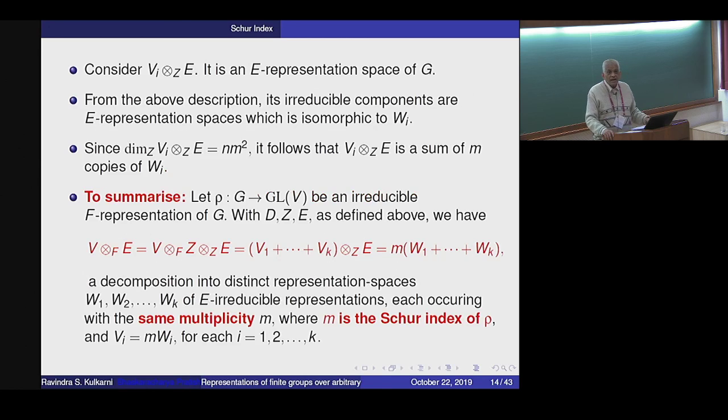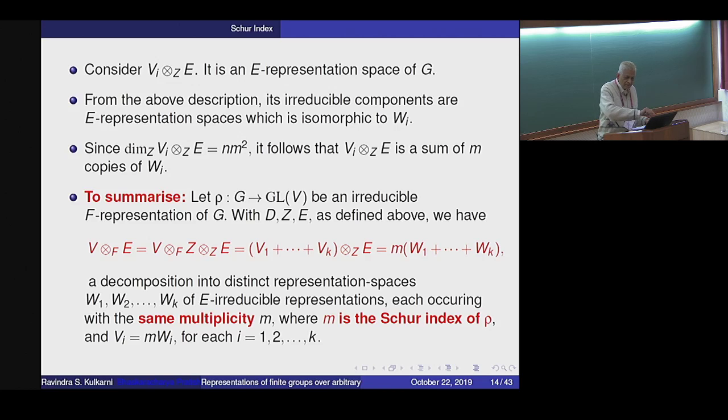Now consider Vi tensored with E, where E is the maximal subfield of D. It is an E representation space of G. From the above description, its irreducible components are E representation spaces, each isomorphic to Wi.